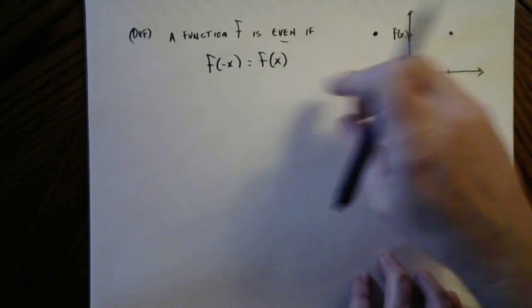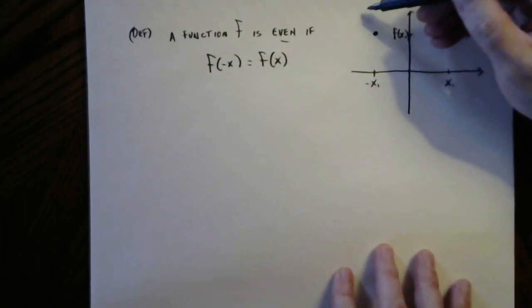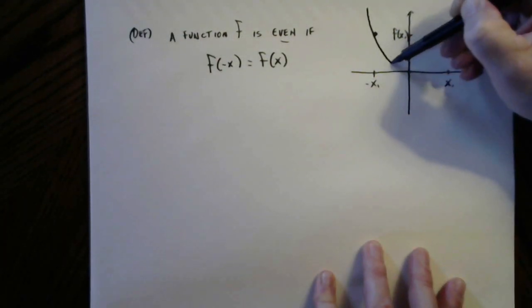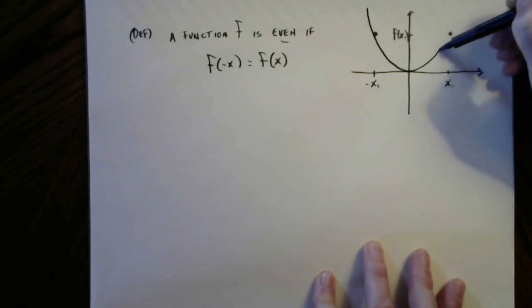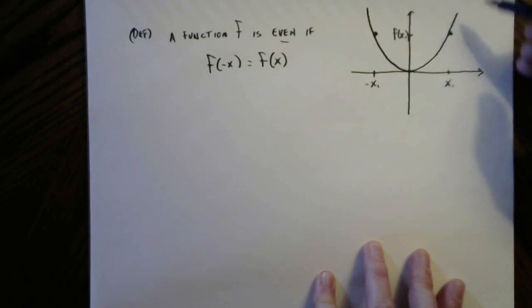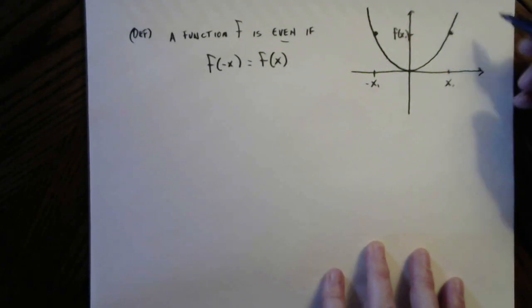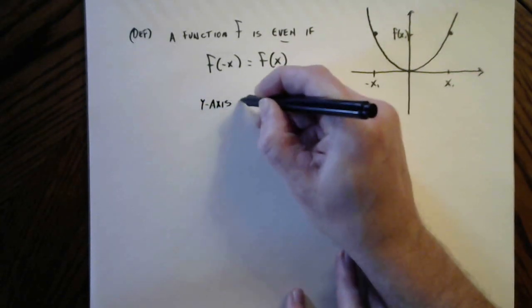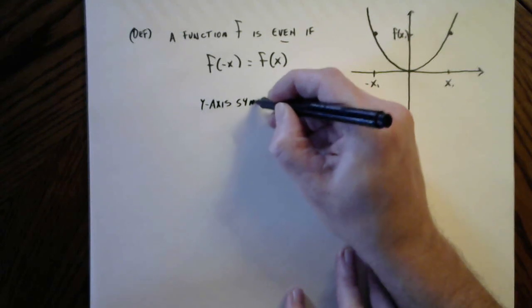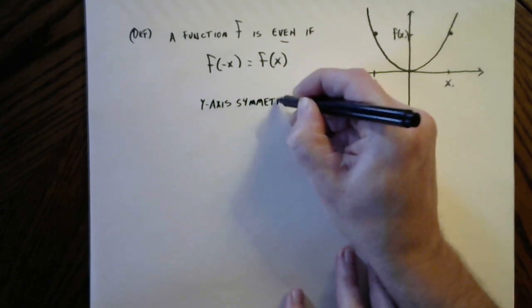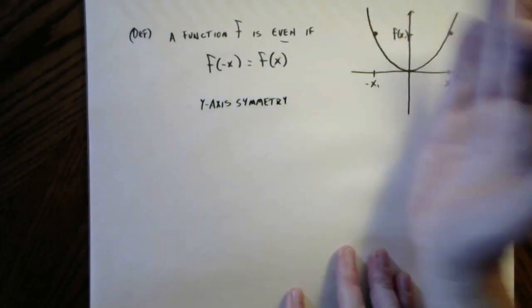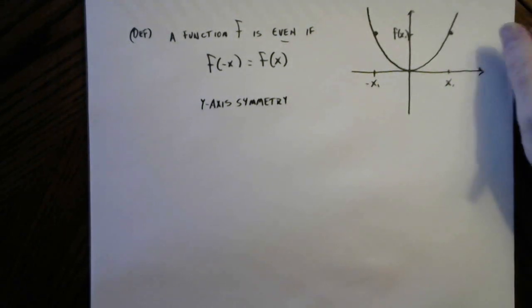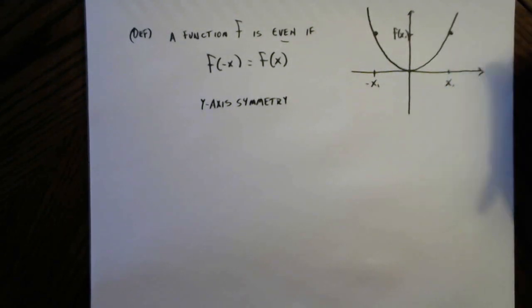And this is the case over the entire line. So what you have, and this is just an example, is what we call y-axis symmetry. Okay, it's a mirror image in this direction. The parabola is a good example of it. Okay?